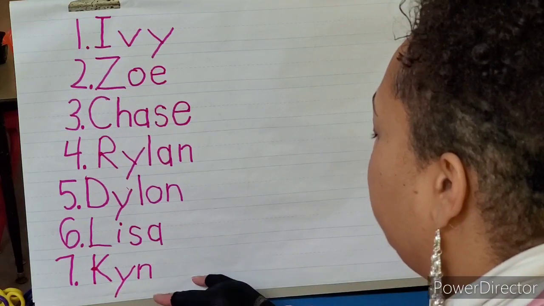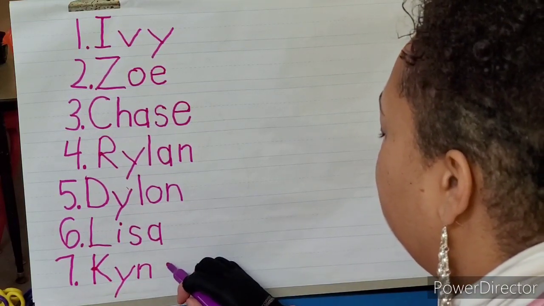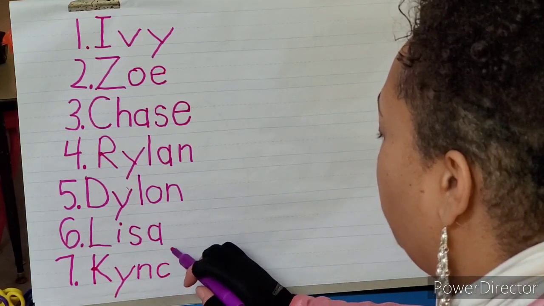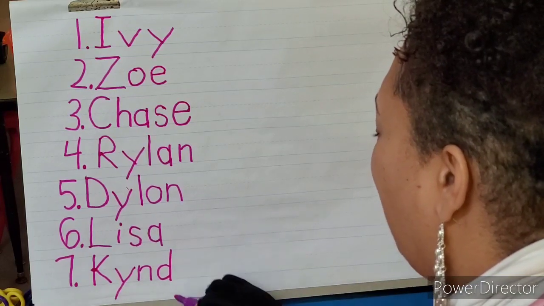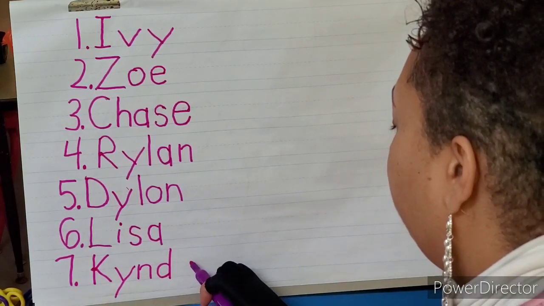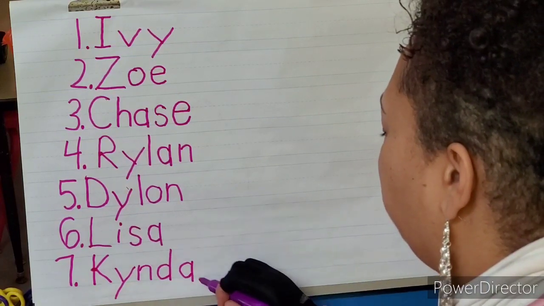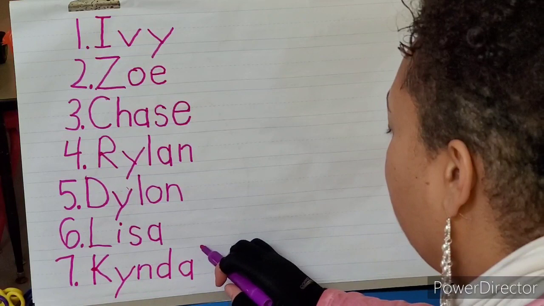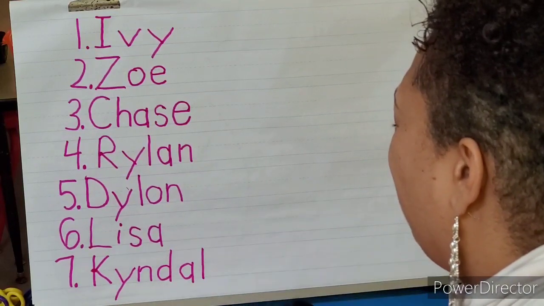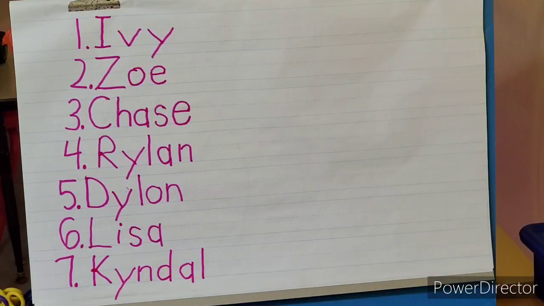Then we need our letter N, a C with a long vertical line for the letter D, a C with a short vertical line for the letter A, and a long vertical line for the letter L. Whose name is this, friends?